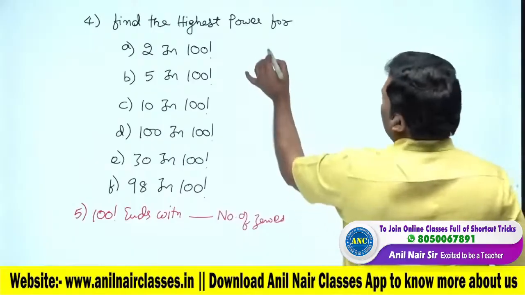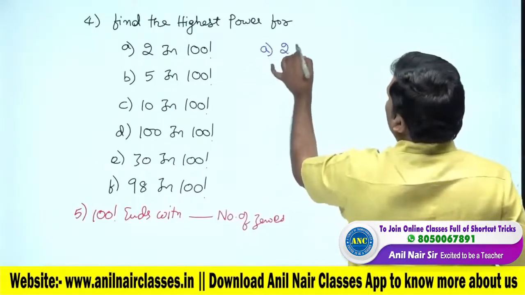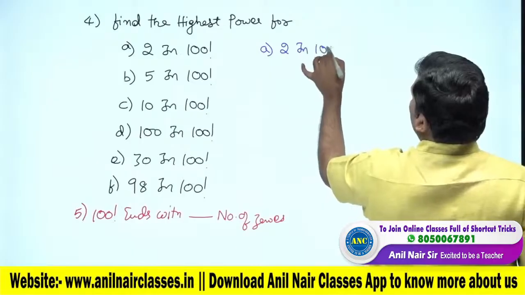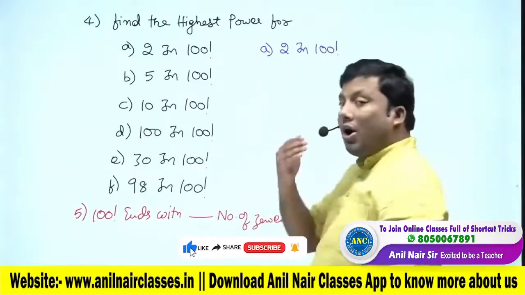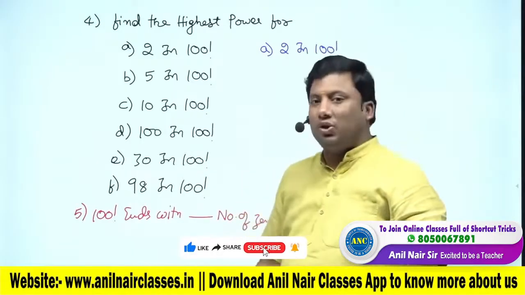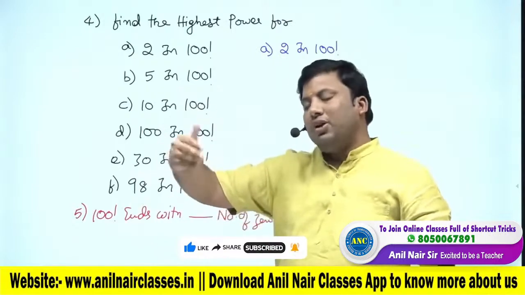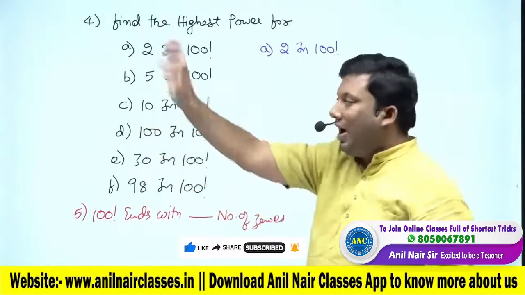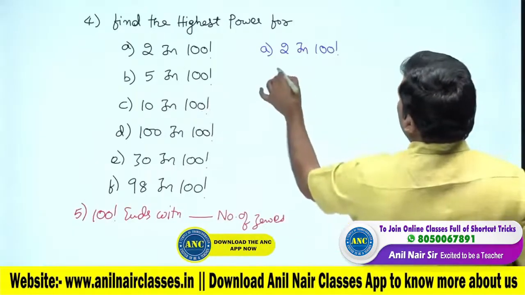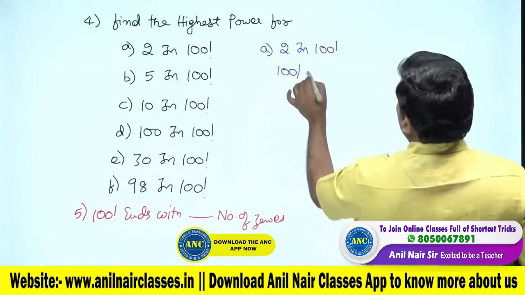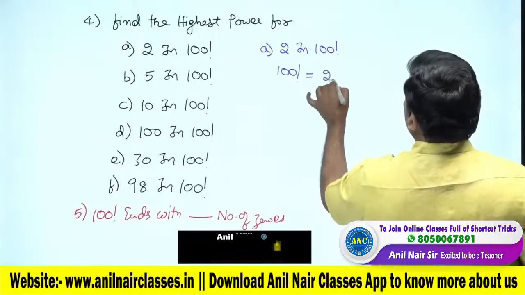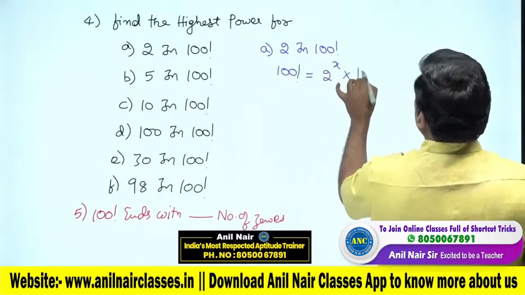First question, see here, find the highest power for 2 in 100 factorial. 100 factorial is the product of all natural numbers from 1 to 100. There is 2 power, 3 power, 5 power, 7 power, and so on up to 97 power. So 100 factorial can be written as a power of prime basis: 2 power x into k.